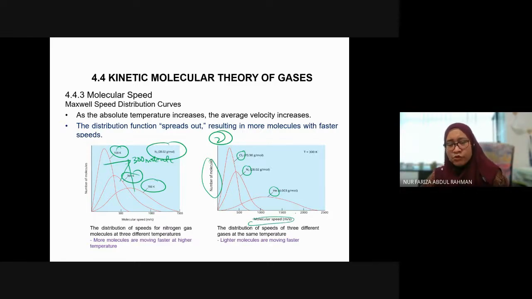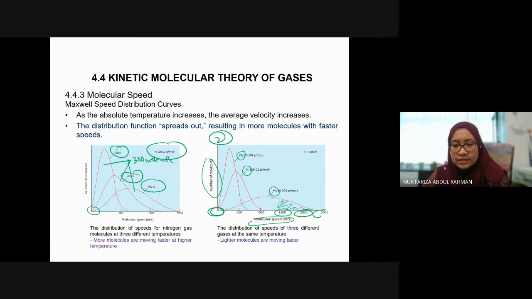Okay, versus molecular speed. As you can see, helium dia punya lagi landai dekat situ. Starting point dia sama. Okay, kalau you are asked to draw, make sure that you start from the same starting point. Tapi dia punya ending point dia berbeza. Okay, so it shows that helium having more, nampak tak? Dia punya molecular speed dia tu.